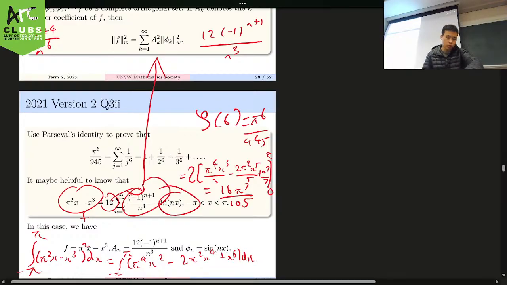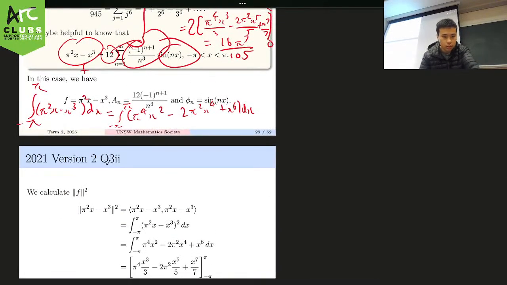And we have this final thing, the norm squared of our sine of nx. So I might just go here. Negative pi to pi again, sine of nx squared. So just this. And then once again, just another trig identity.